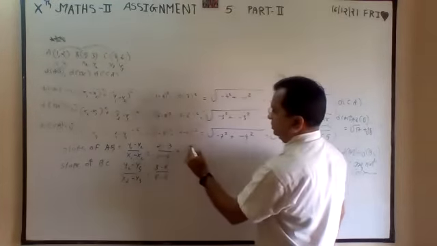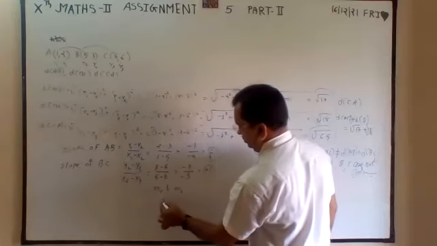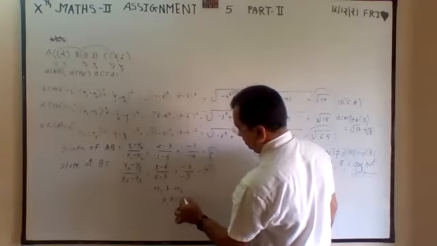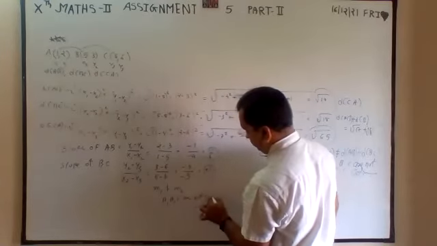Correct. So this is minus 1 by minus 4, it is 1/4, minus 3 by minus 3, it is plus 1. Therefore m1 is not equal to m2. Therefore A, B, C are not collinear. Sorry.